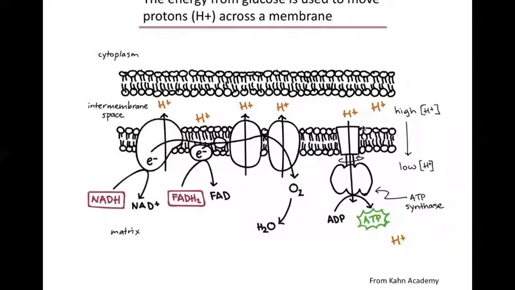So the way it works is the H+ over here has a strong driving force to go in this direction because there are lots of them on this side, there are few of them on this side. So the tendency is to go from high to low concentration. Secondly, this is positively charged. This is negatively charged. Plus is attracted to minus, another driving force to go in this direction.